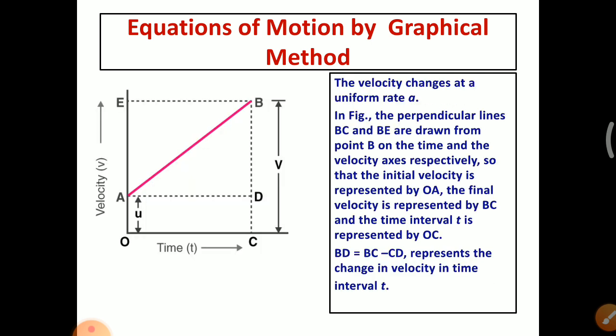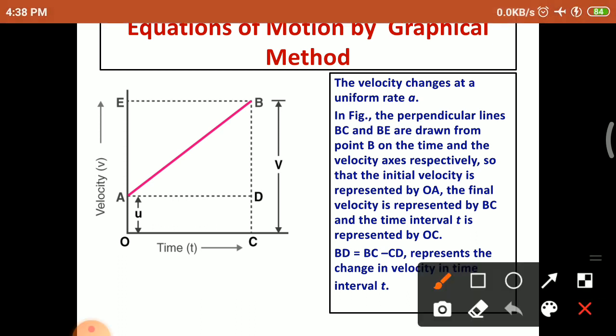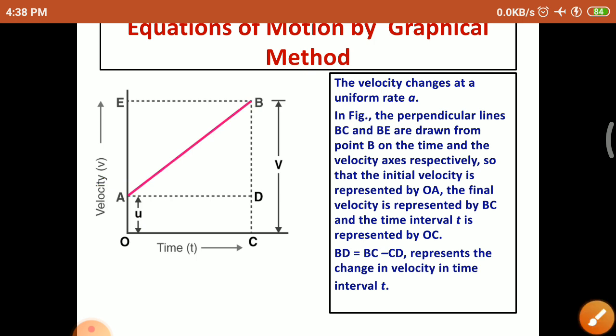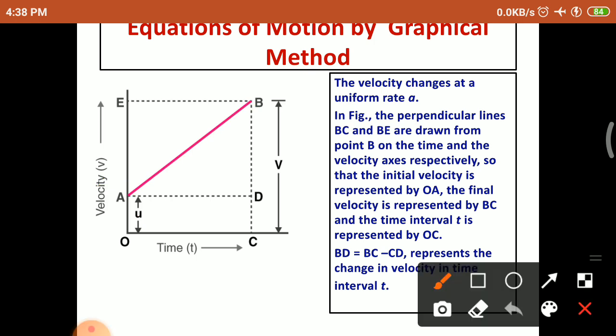See here, the object starts at point A with a velocity u, and it reaches point B with the final velocity v. I have written point A here and point B here.